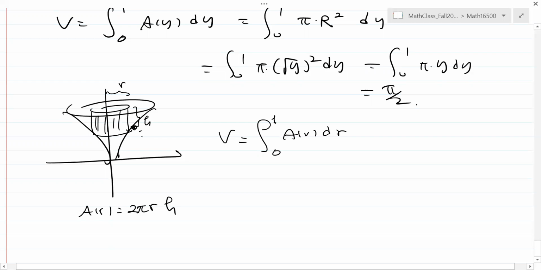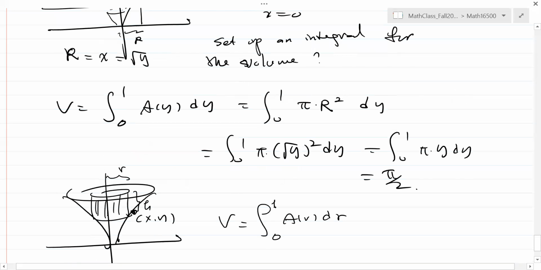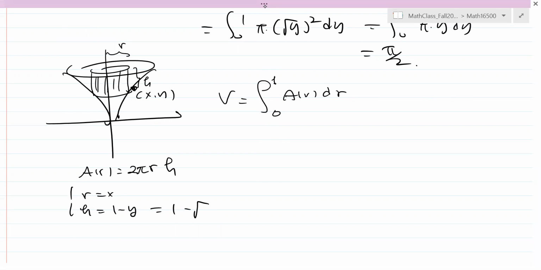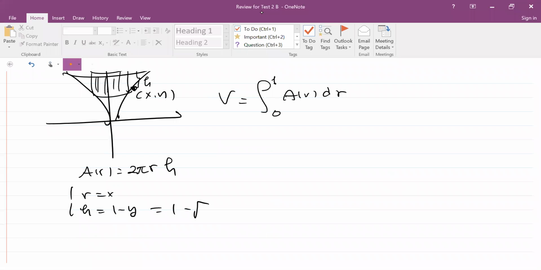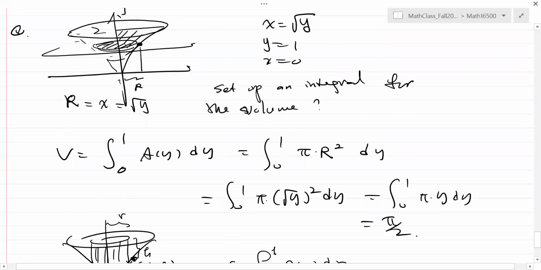So this is a point x and y. Then I know that r is going to be x, h is going to be 1 minus y. But x and y are related, right? When x equals square root of y... hold on. x is going to be square root of y.